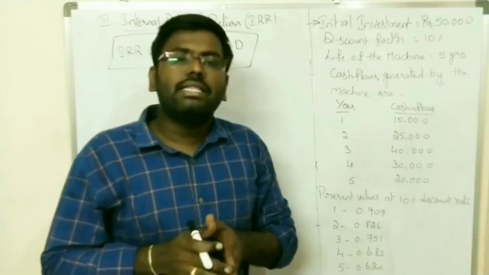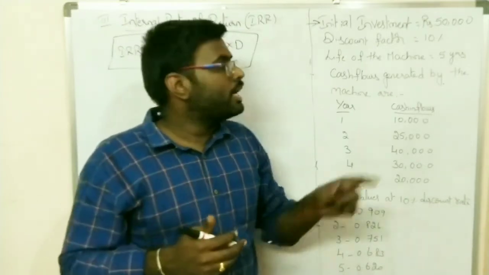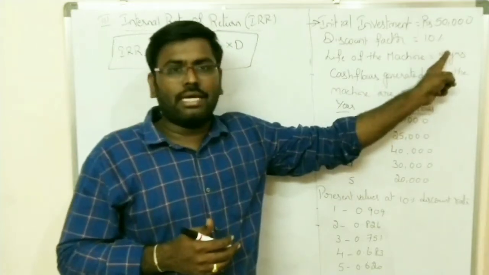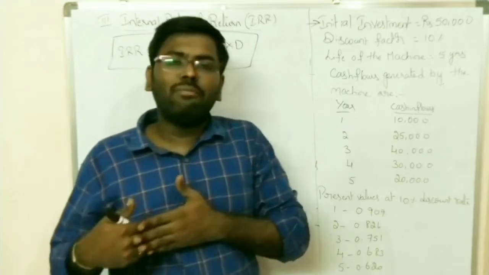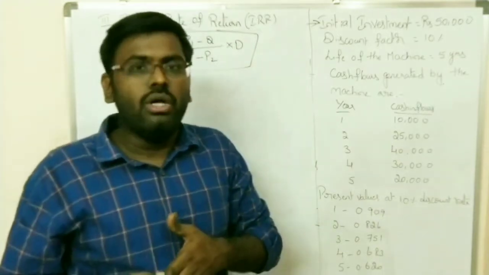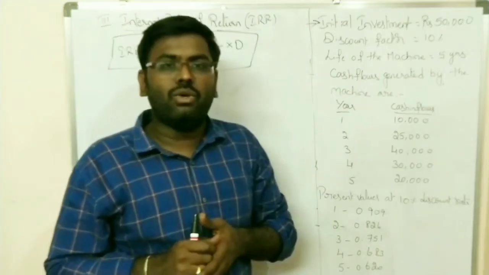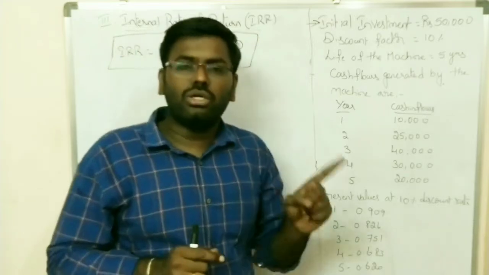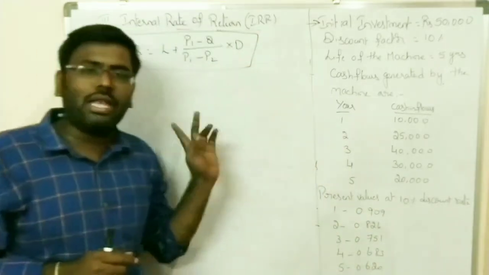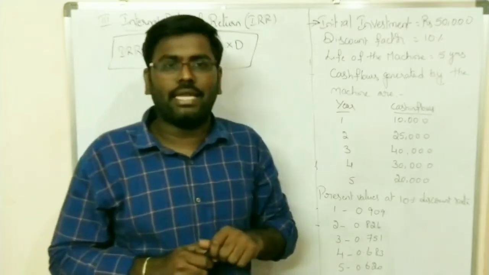If the calculated NPV is positive, then we have to increase the discount rate until the NPV becomes negative. The rate at which the NPV becomes negative will be considered as the other discount rate. So with the positive and negative values, we will have two rates here.